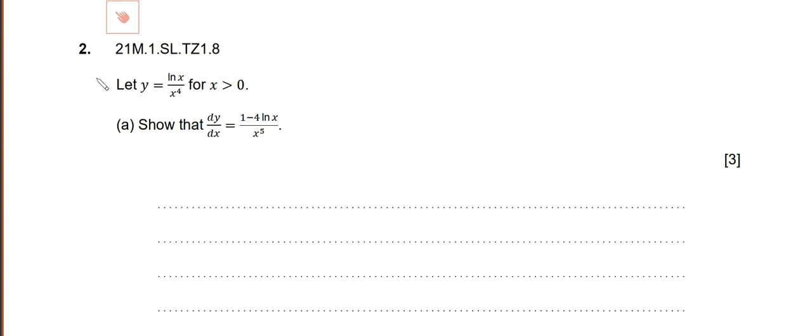So I could change this to x to the power of -4 times the natural logarithm of x, then I could use product rule. And I think we went through and said either will work, but up to you.